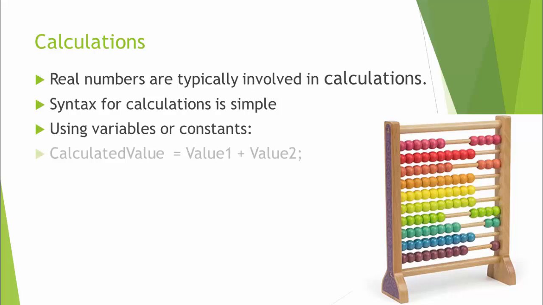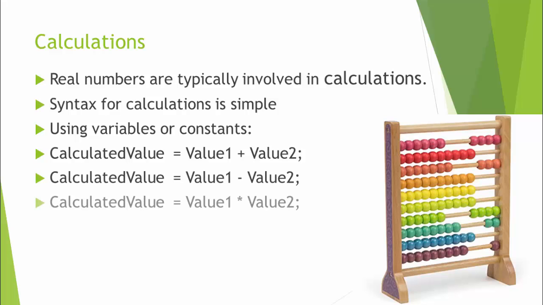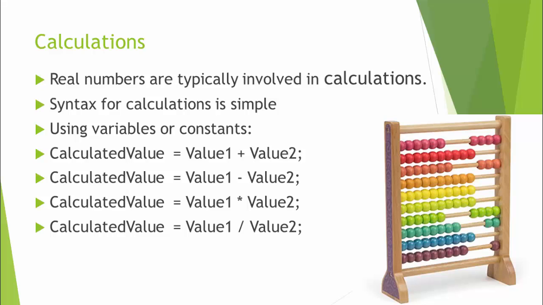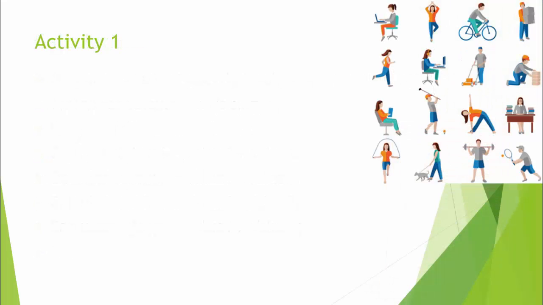The syntax is extremely simple. So, for example, if we want to do addition, calculated value equals value 1 plus value 2 is our syntax for that kind of thing. It's all pretty straightforward. Division, of course, uses the slash. You can look up all those kinds of calculations. Things like exponents, etc. are supported.